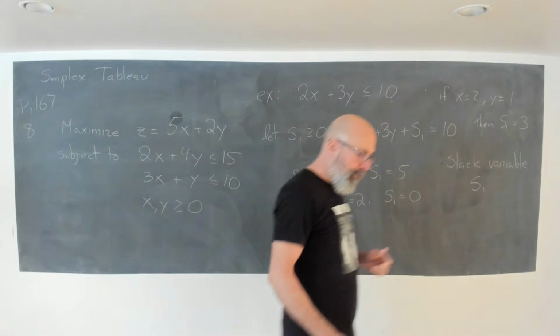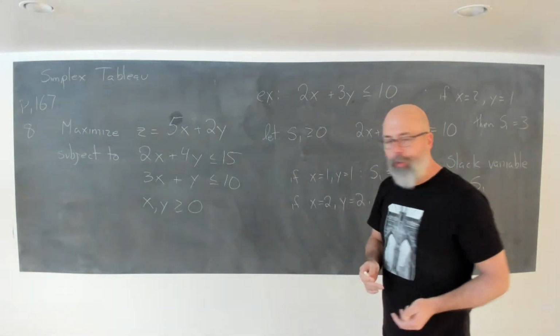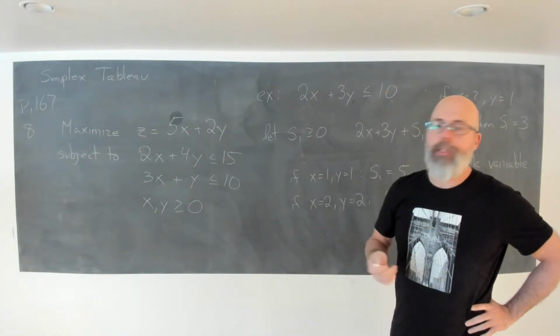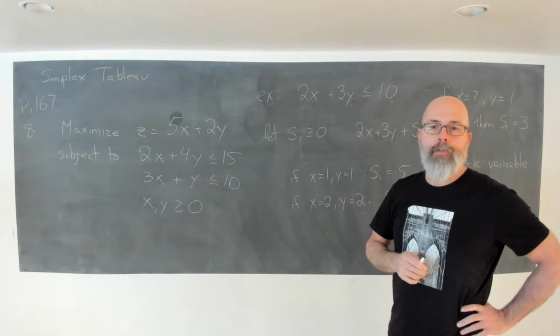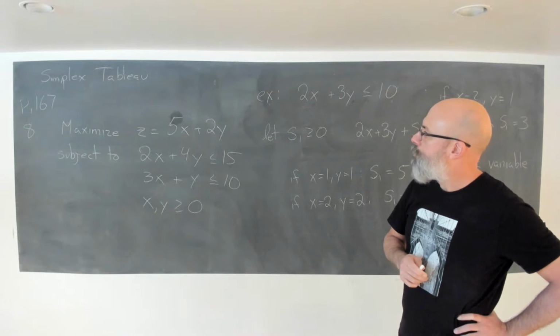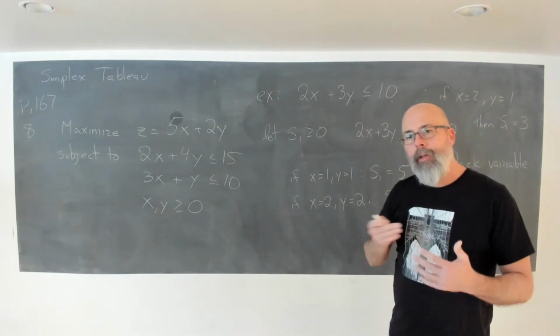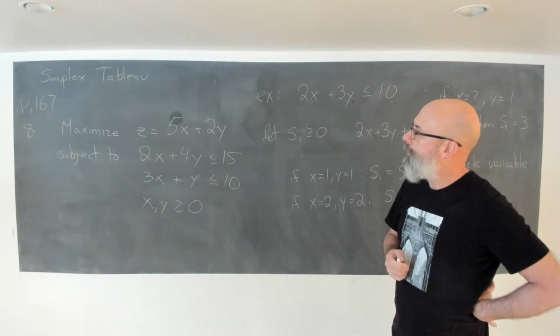Now, first of all, observe that this is a question in 2D, and I've chosen this one for obvious reasons because we'll be able to verify our answer using the graphical method. So that's going to be interesting here. And we'll see the interplay between the simplex method and the graphical method.